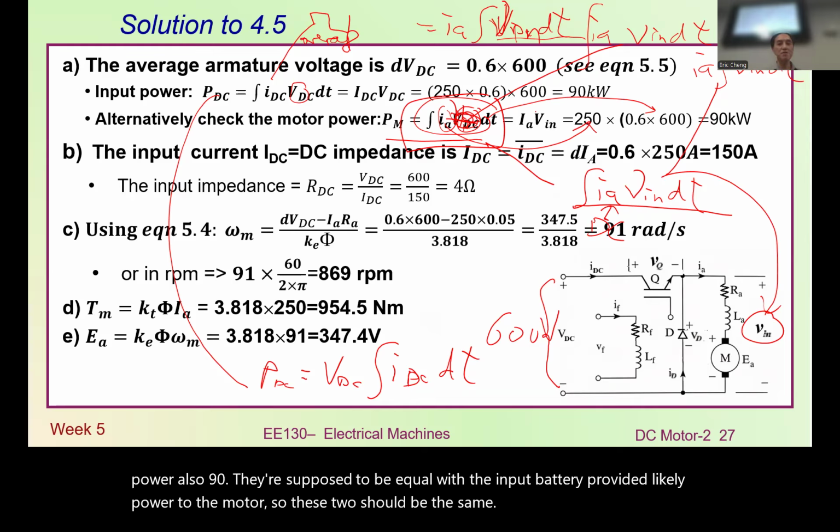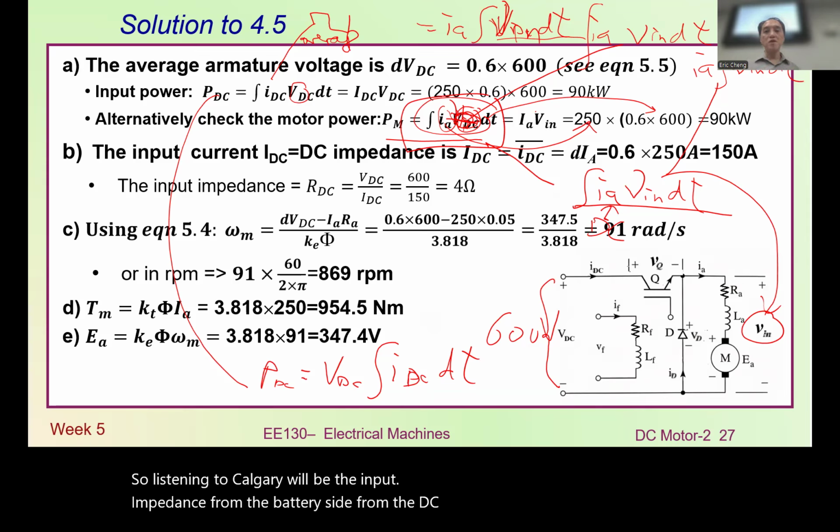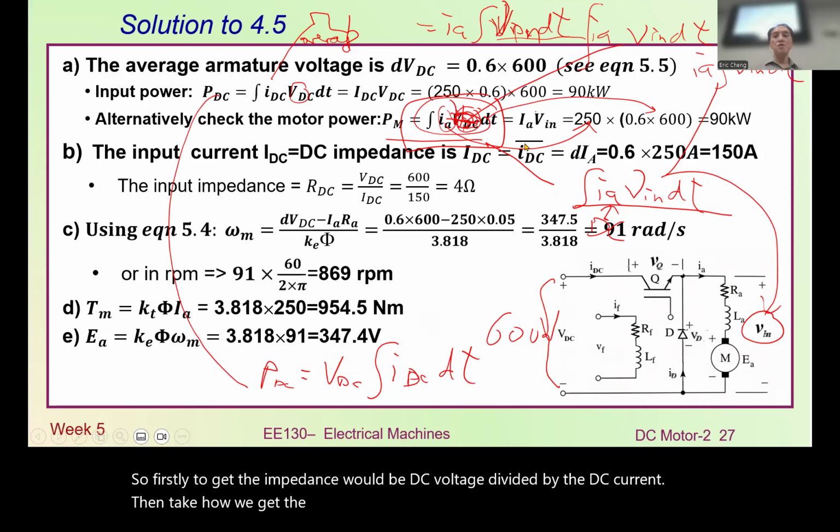So the next thing to calculate is the input impedance from the battery side, from the DC side. Firstly, the impedance is the DC voltage divided by the DC current. That's how we get the impedance. The input current here, although it's square wave, we take its average value.